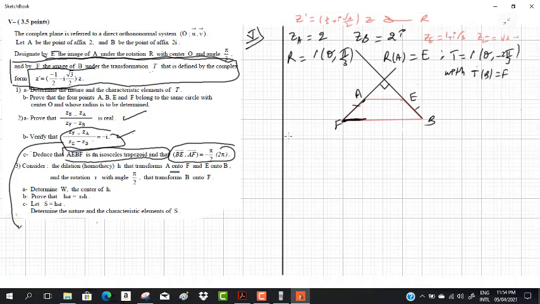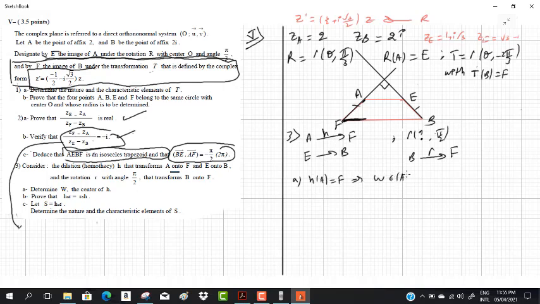Part 3. Consider the dilation H that transforms A into F and E into B. And R the rotation with angle pi over 2 that transforms B into F. Determine W, the center of H. H of A equal F, so W belongs to the line AF.